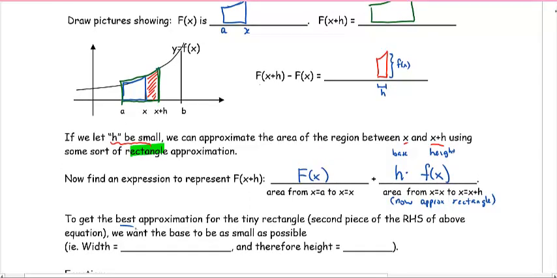So to get the best approximation for that tiny rectangle, which is the second piece of the right-hand side from the above equation, you want the base to be as small as possible, meaning you want your width to be pretty much close to 0, or you want the limit, ooh, that concept again, the limit of h getting as close to 0 as possible. And therefore, when we do that, the height, once again, is just f of x.